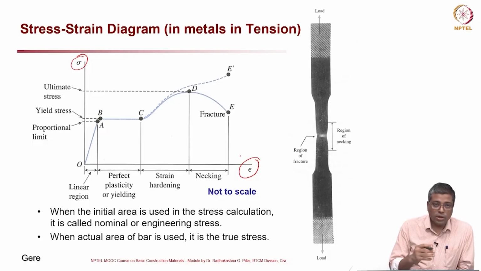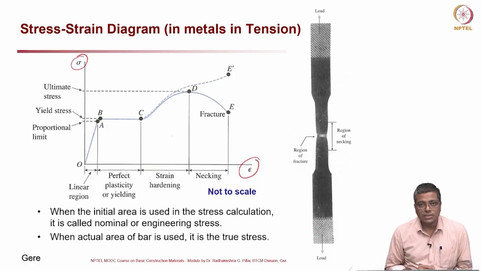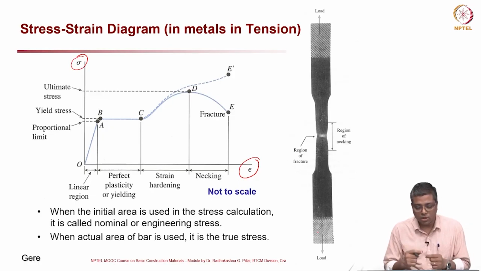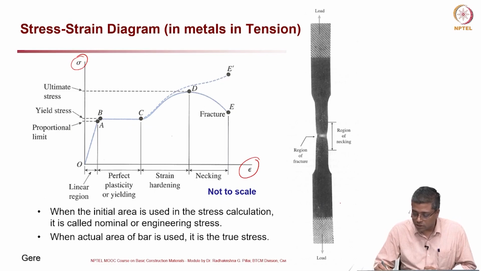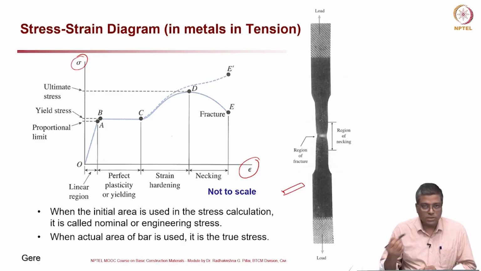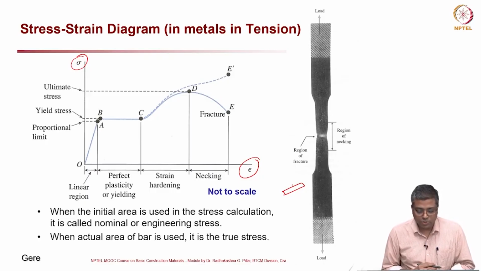Now, assume that this is a specimen on the right side, a steel specimen, which we usually call a coupon specimen. It is a flat piece, the cross section would be something like this, or you can take circular, whatever it is. Typically it is a flat coupon specimen.